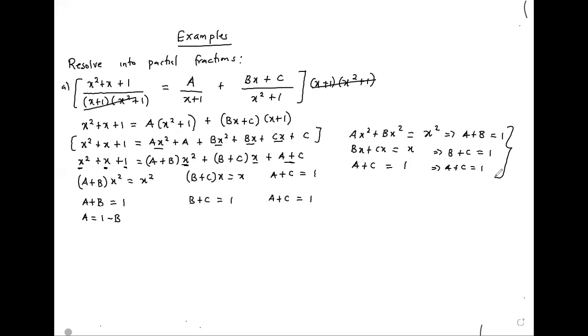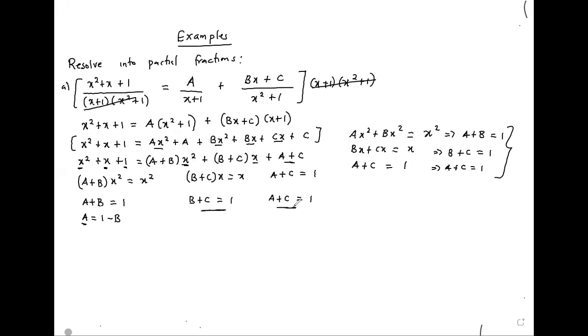And when you have these equations now, you say, okay, since a plus b is equal to 1, I can solve for a here. If I find it, I'll write it in terms of b.